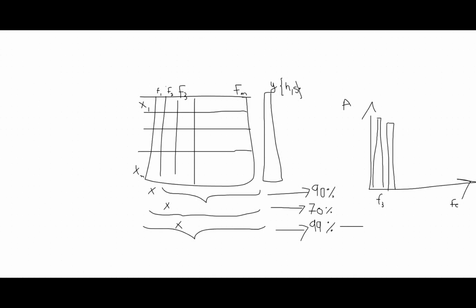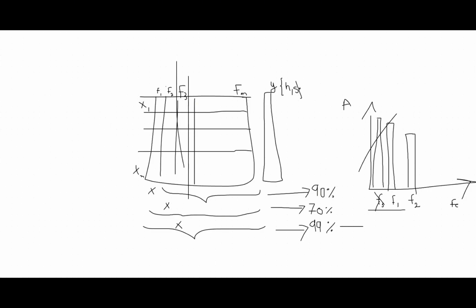This is training all the features without F1, and this is training all the features without F2. We can easily get rid of F1 and F3 because the model is doing 90% and 99%. So I can reach a 99% accuracy by removing F3 from my feature matrix, or my feature space.